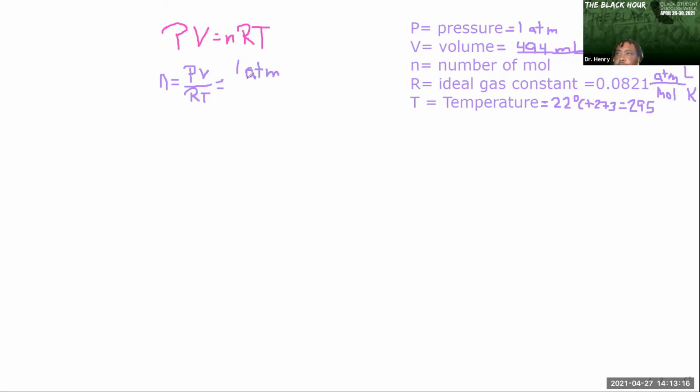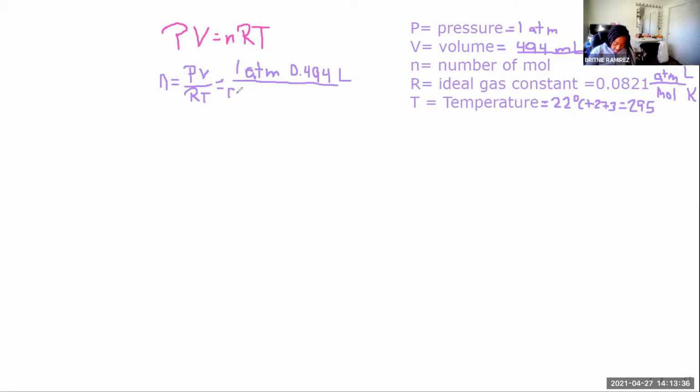Our value for V, 0.494 liters. Our value for R, 0.0821, times the 295.